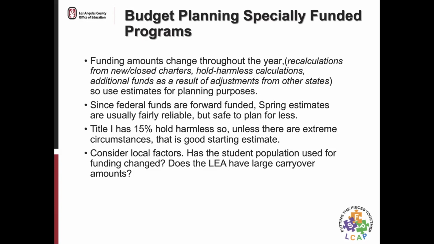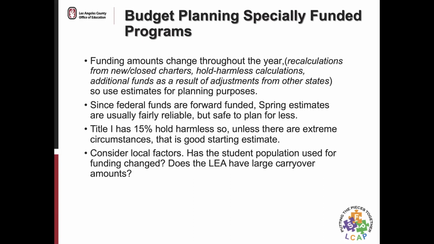So I know that people like, why does the money keep changing? That's what happens. And some of those changes are from the state level because we have new or closed charter schools, and that impacts the funding available for all the schools. So they go back and recalculate.